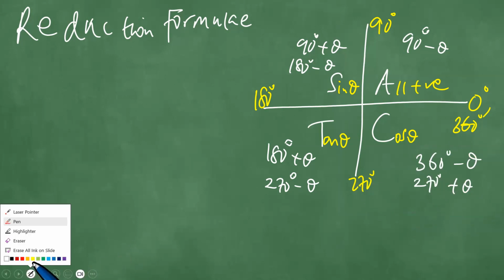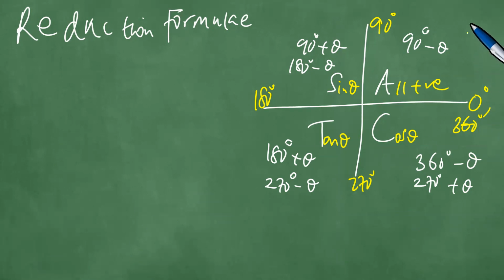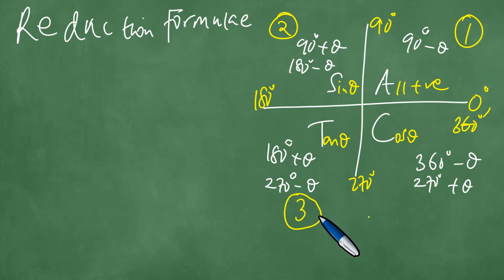Okay, now let us play around a little bit more. This one is the first quadrant, this one is the second quadrant, this is the third quadrant, and that is the fourth quadrant. 1, 2, 3, 4.